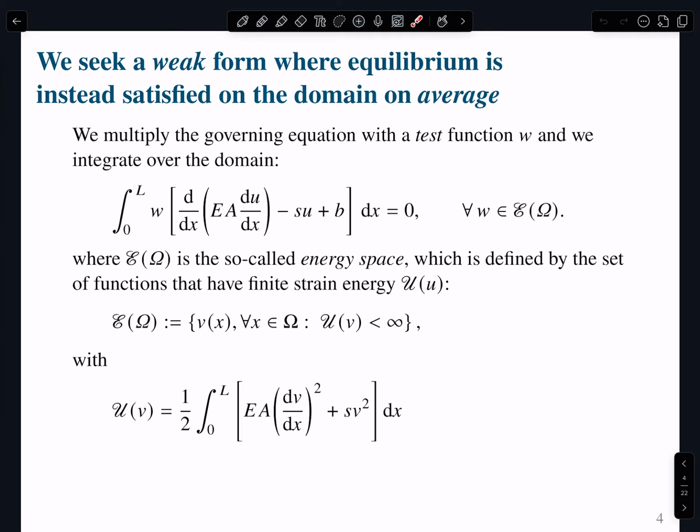We call this function a test function or a weight function. And then we're going to integrate over the entire domain of interest, our entire bar, and we're going to set that equal to 0. And we're going to say that this is going to be the case for every weight function in some space that for the time being we're going to call the energy space, right?